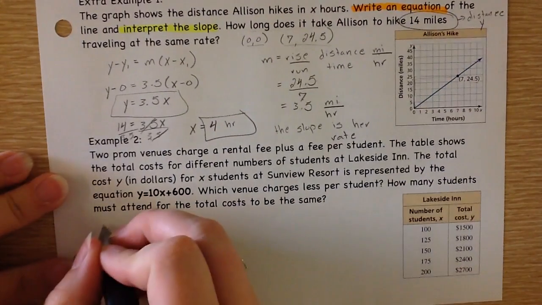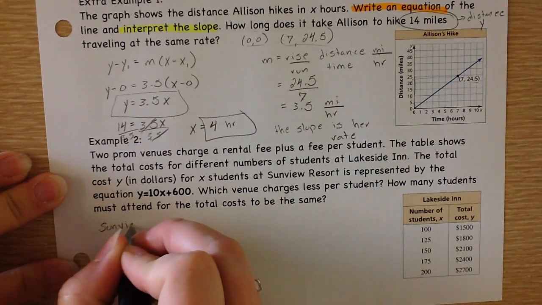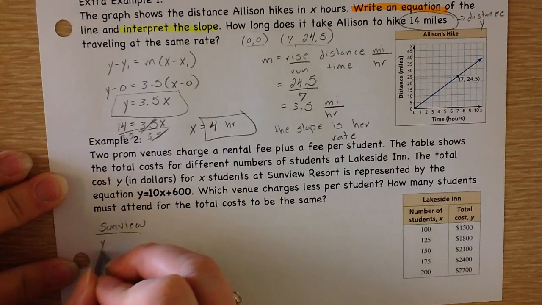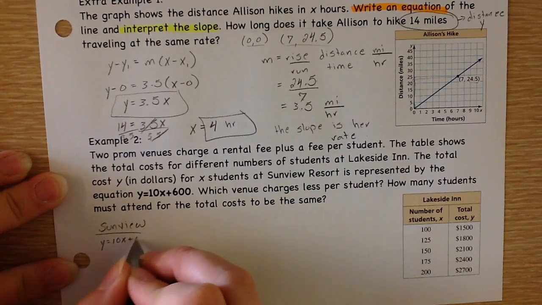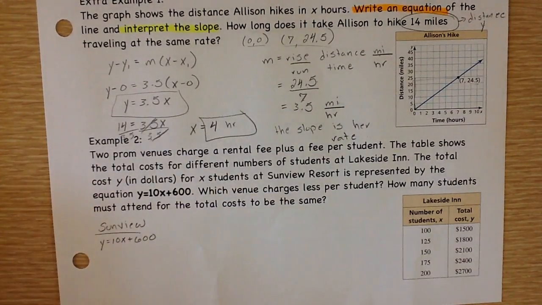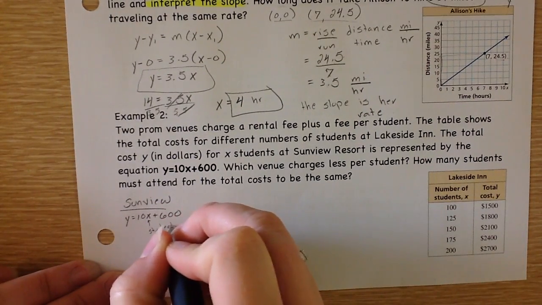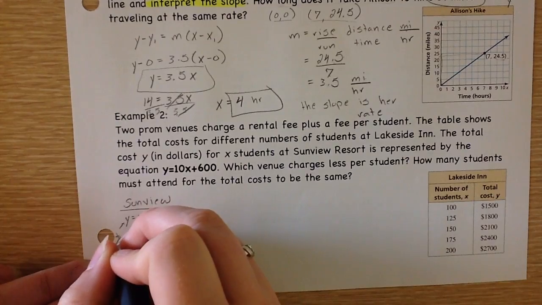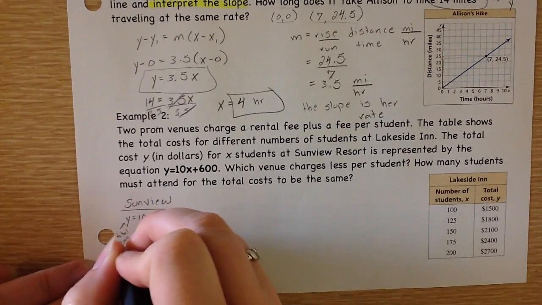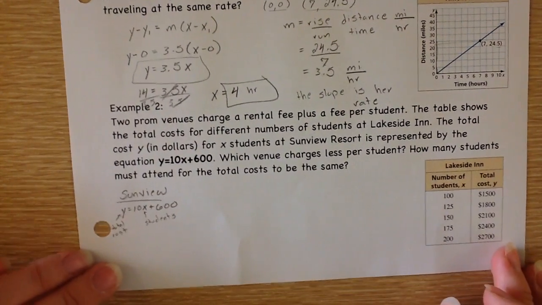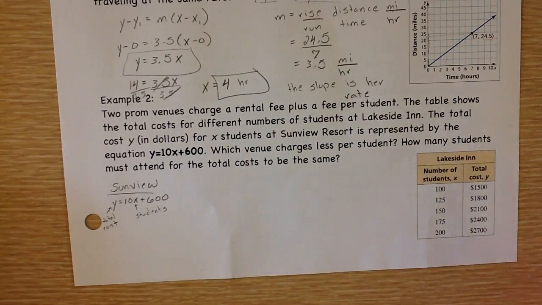So Sunview is this equation, Y equals 10X plus 600, where again, X is the number of students, and Y here is the total cost. Which venue charges less per student? How many students must attend for the total costs to be the same?